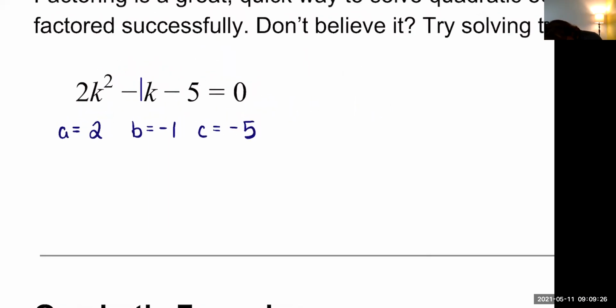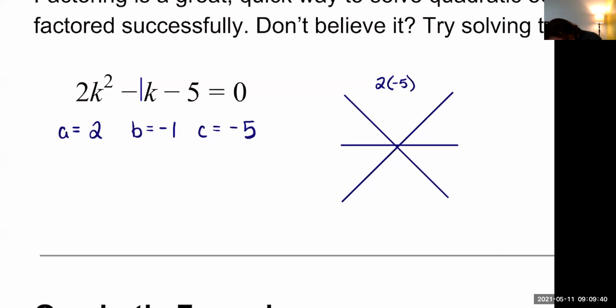So off to the right here, I'm going to draw in an asterisk. So A times C is going to go on top. We're looking at 2 times -5, which is -10. A on either side are 2's. B on the bottom is -1.